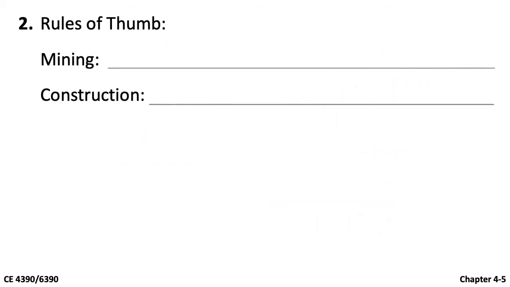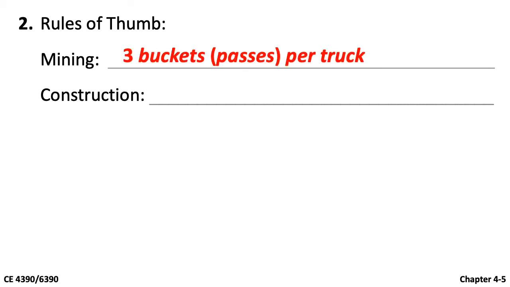So here are several rules of thumb when you select the number of bucket loads. For mining, it is more economical to have 3 bucket loads per truck. Don't use more than that. For construction, it is slightly higher, ranging from 4 to 6 passes per truck.